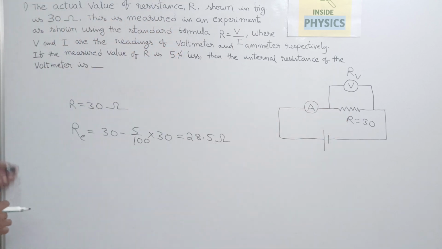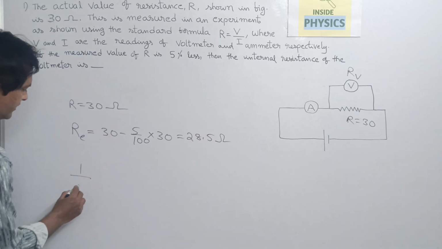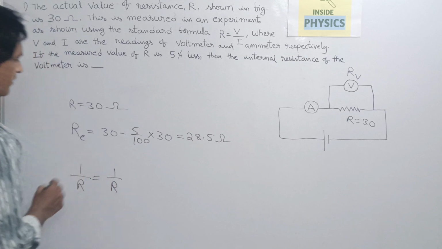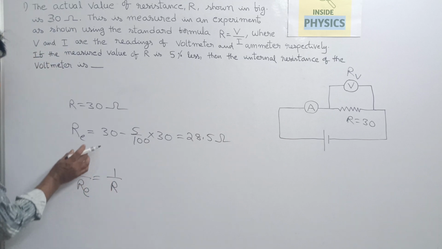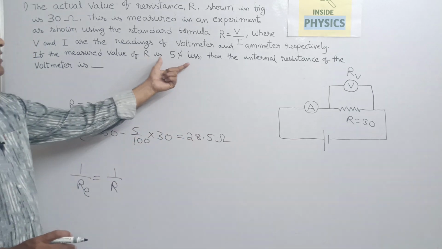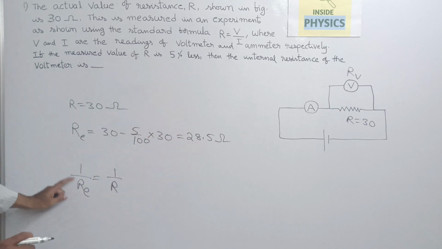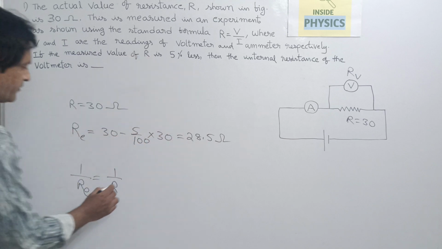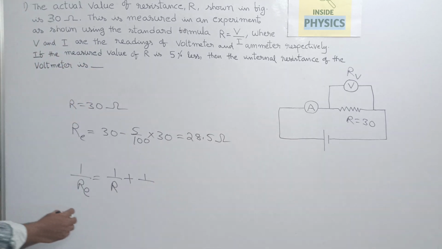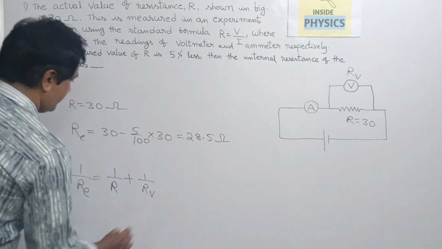So the parallel connection gives a resultant of, so what is the resultant? We can say 1 by RE, because this is the resultant value. The measured value of R is 5% less, so we can take RE for this one. And the parallel formula, parallelly connected resistors having a resultant resistance of, and this is RV.